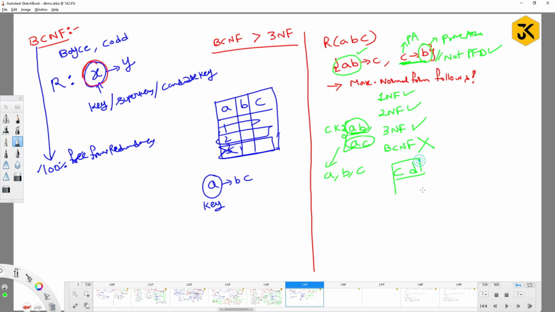CB. If you remove the B, the remaining thing is AB. So now it is in BCNF, because C determines B is one kind of FD, where C is a kind of candidate key.